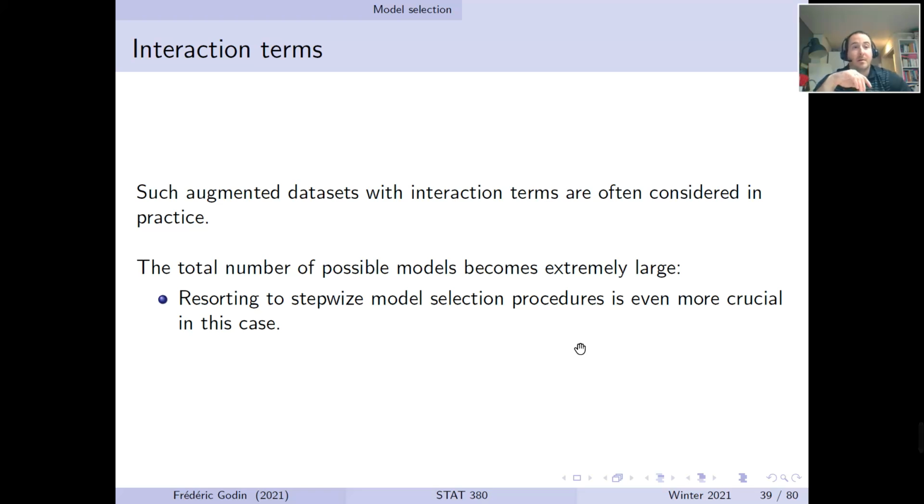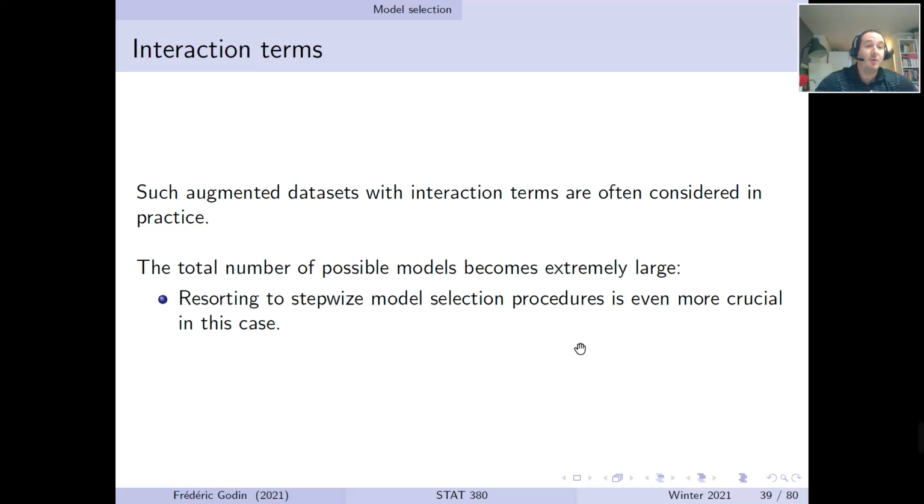So by augmenting the data set and including interaction terms, this substantially increases the dimension of your data set. For that reason, if you want to do a regression and incorporate potential interactions between variables, it's even more important to resort to stepwise model selection procedures.